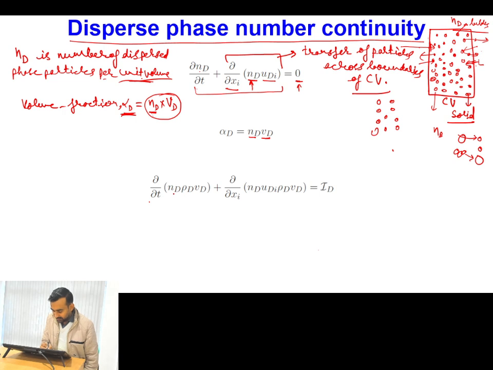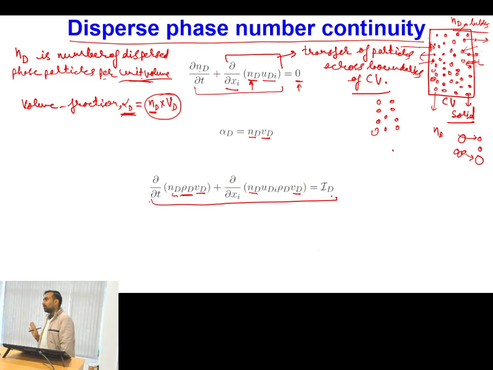So del by del t of nd into Vd into, is this one clear? And in the second term also, I have replaced alpha d with nd into Vd. Are all clear with this idea? How I have got this equation?